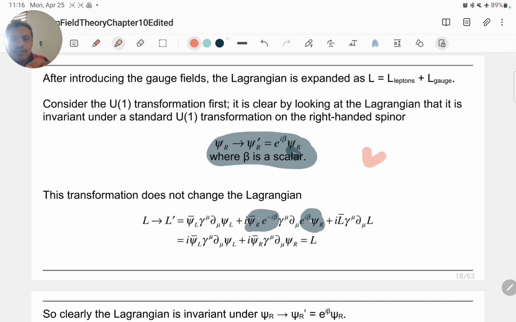By the way, your psi bar R will just be equal to psi R bar times the exponential of negative i beta, the conjugate, just the conjugate.